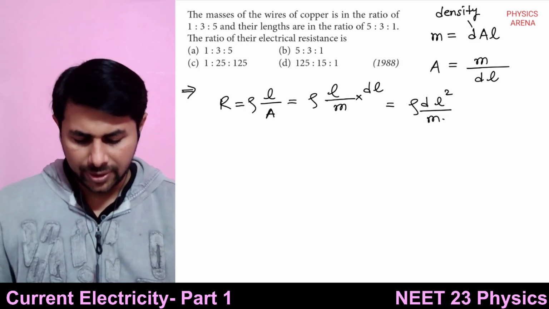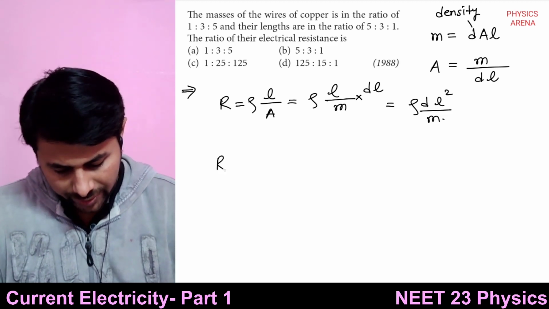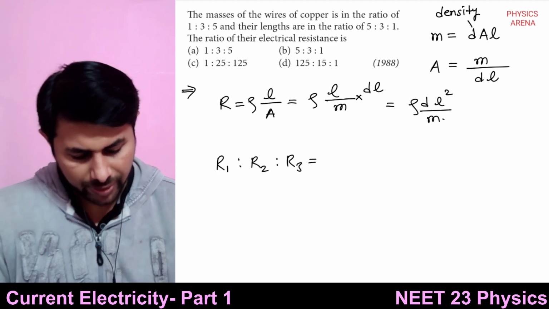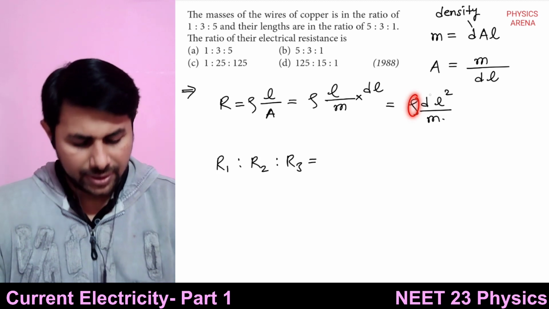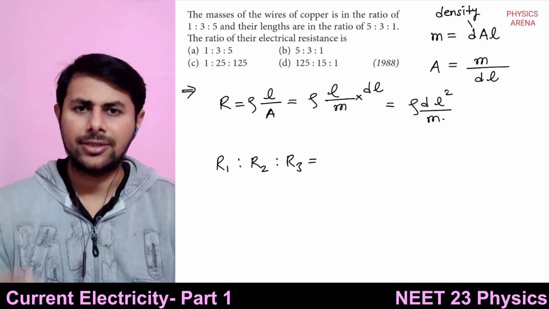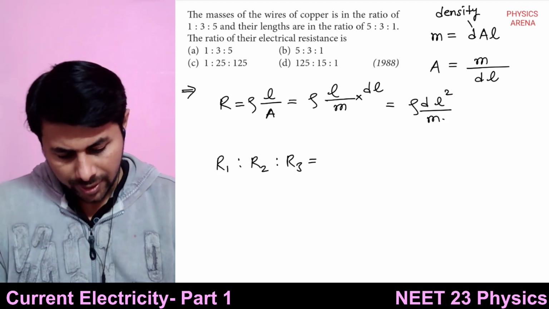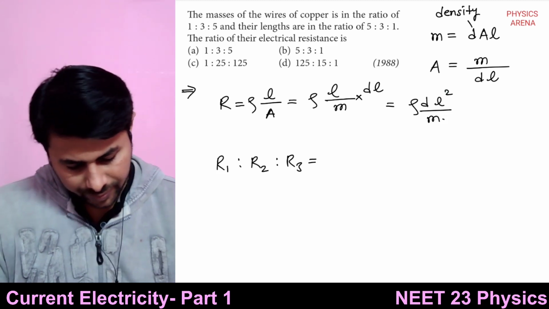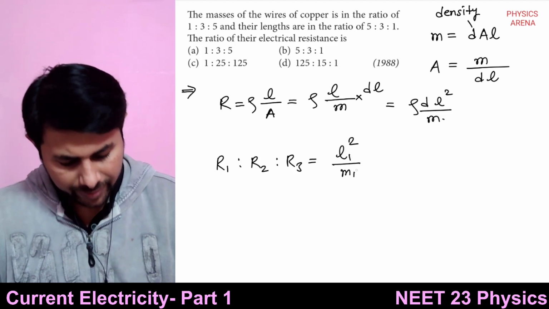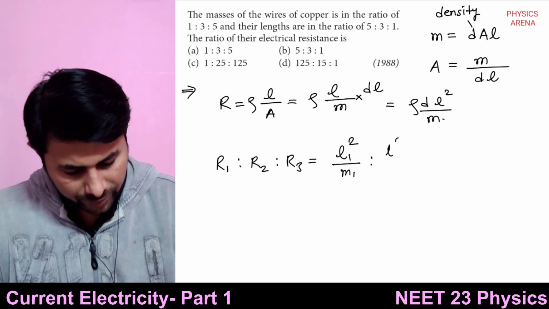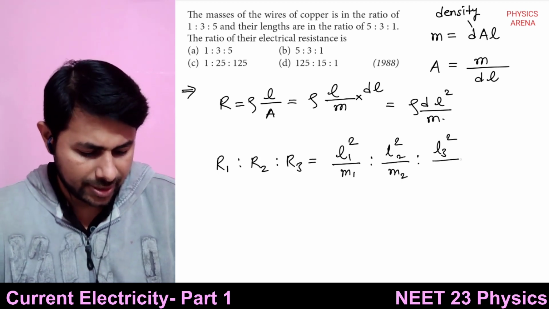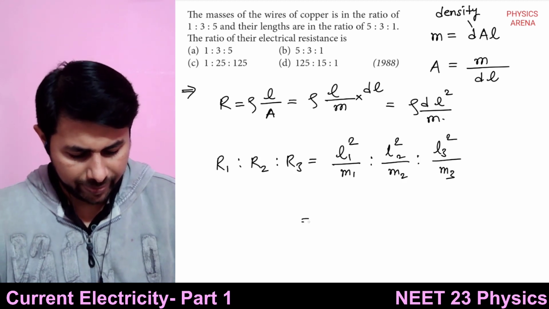So we can find out the ratios now. R1 is to R2 is to R3 would be equal to what? Rho is a constant, D is a constant. It is just the ratio of L square upon M. So it is L1 square divided by M1 is to L2 square divided by M2 is to L3 square divided by M3.